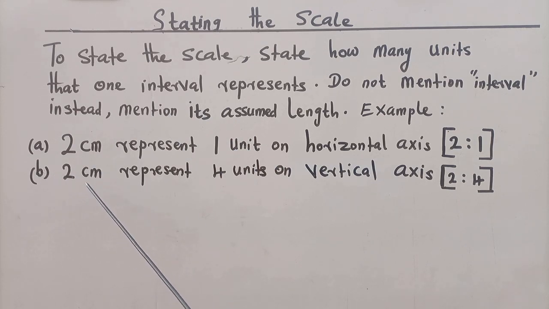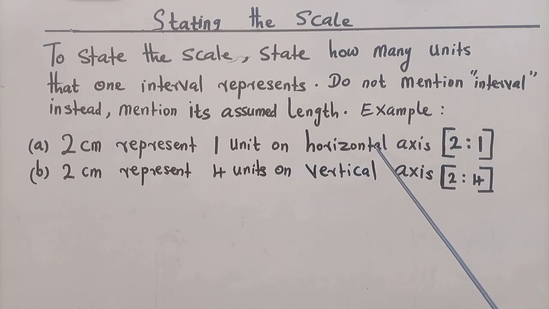Number B, 2 cm represent 4 units on vertical axis. Like before, please don't use the word y or the expression y-axis. Instead, use vertical axis. We can summarize these things by saying 2:1.